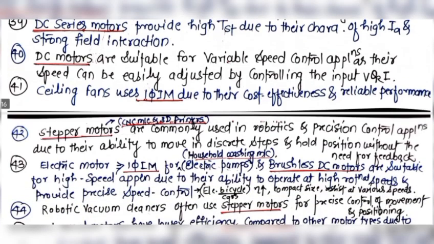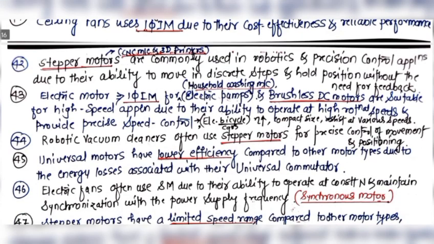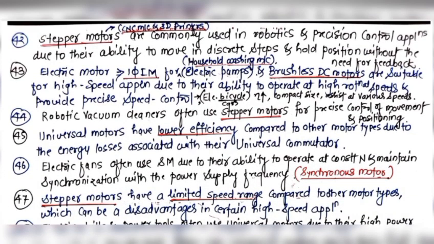Ceiling fans use single phase induction motors due to their cost effectiveness and reliable performance. Stepper motors used in CNC machines and 3D printers are commonly used in robotics and precision control applications also due to their ability to move in discrete steps and hold position without the need for feedback.